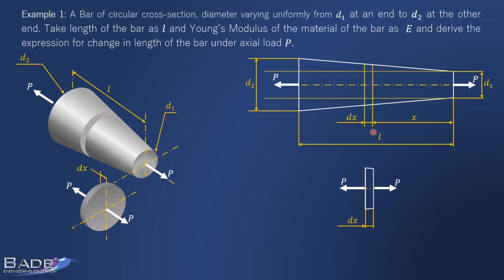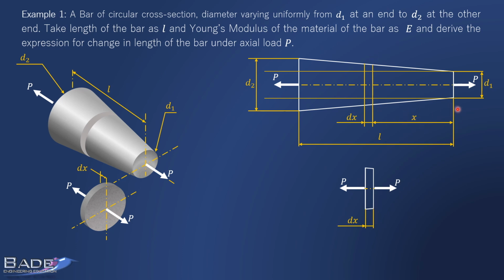Why? Try to understand. Diameter of the cross section is varying uniformly. At this end, at the right end, it is D1. At the left end, it is D2. So what is the diameter of this rod at distance x we want to know? And diameter at distance x, it depends.